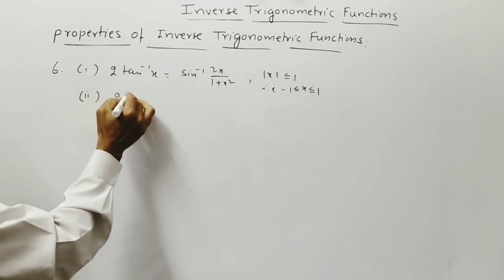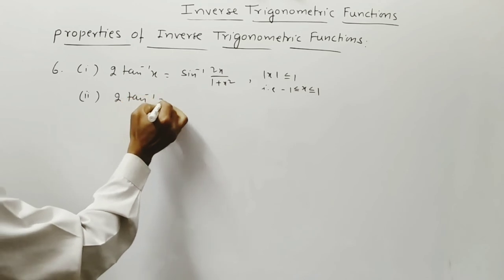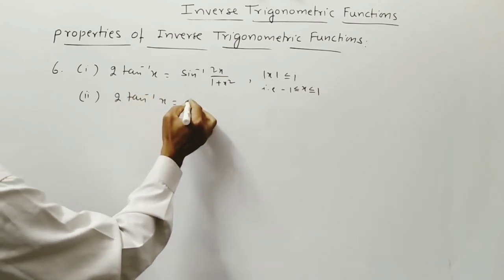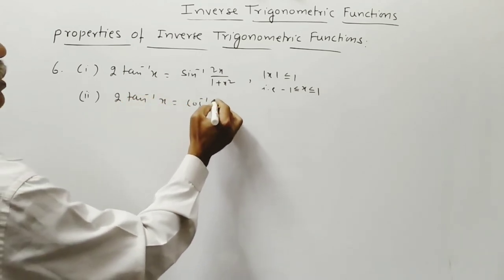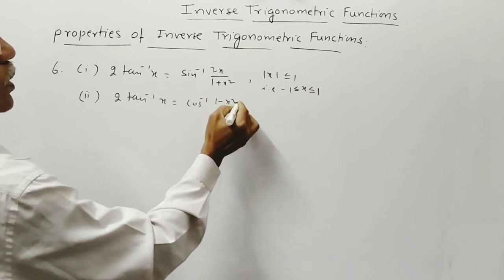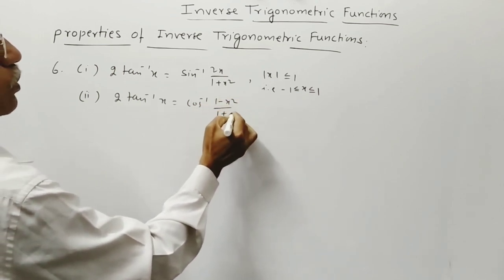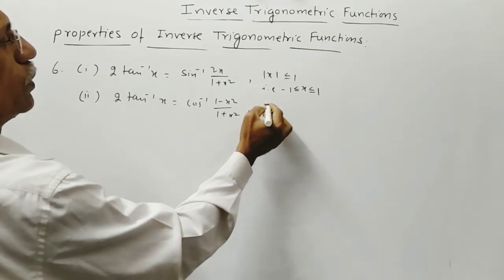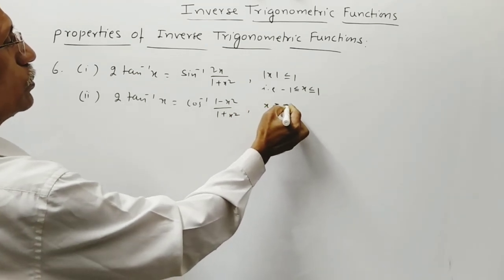Second one, 2 tan inverse of x is equal to cos inverse of 1 minus x squared by 1 plus x squared when x is greater than or equal to 0.